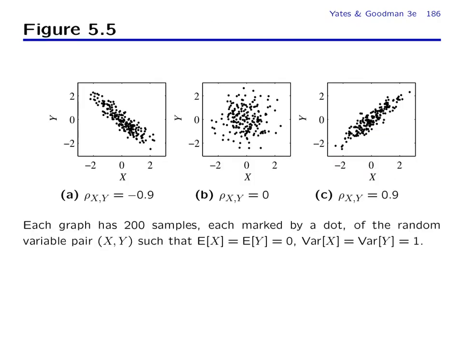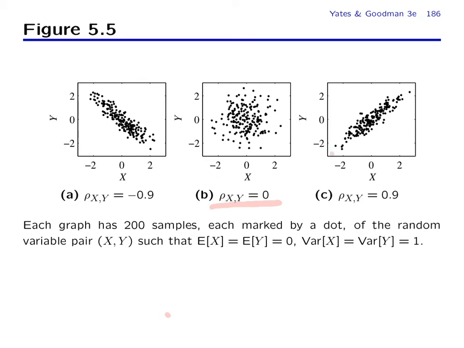So we saw this last class by looking at plots of sample pairs of X and Y, and we considered three particular cases. In the middle was the case of rho equal to 0, and in this case, it looks like the X's and Y's are independent. Like they're simply scattered about. Learning that maybe X is positive doesn't seem to give you any clue about whether Y is positive or negative.